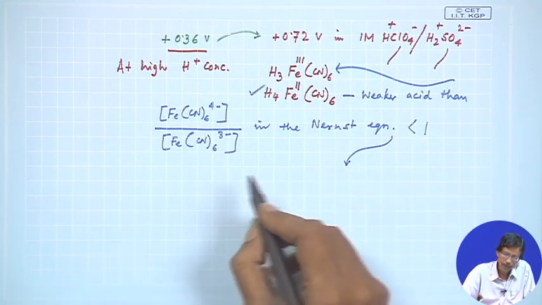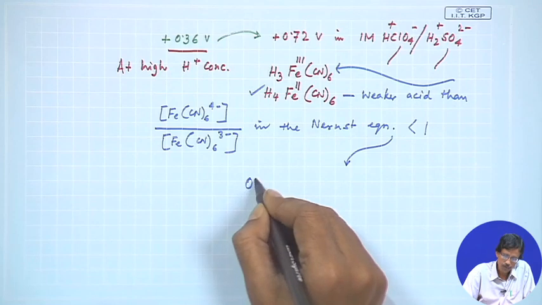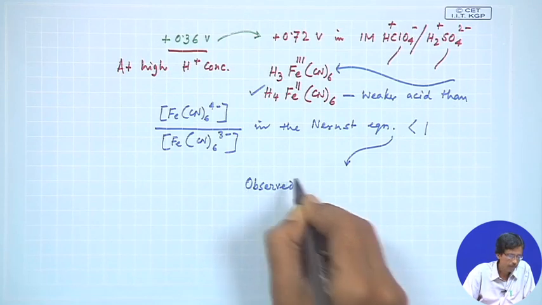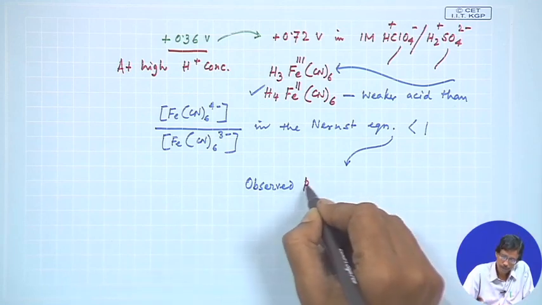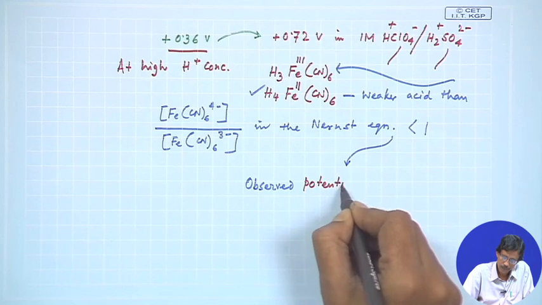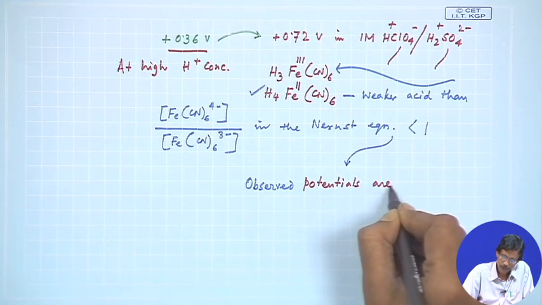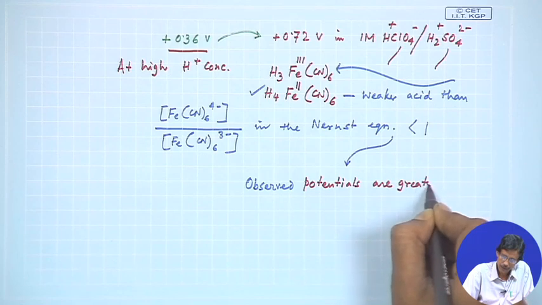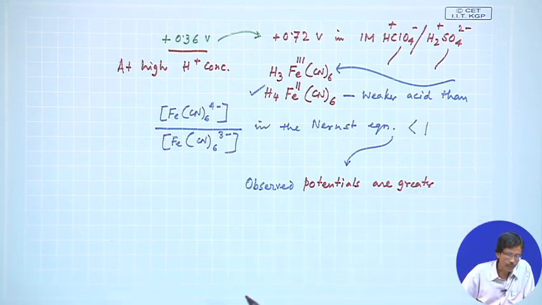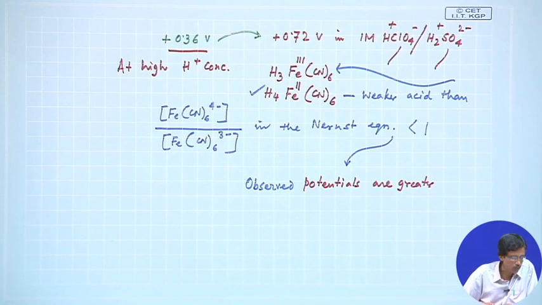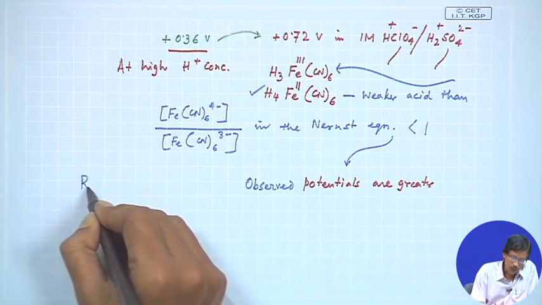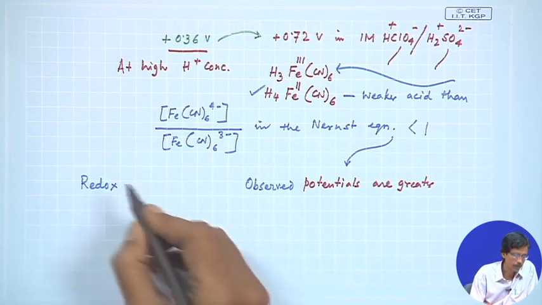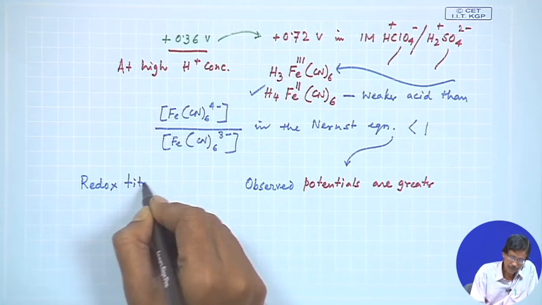Due to this manipulation in the acidic medium, the observed potentials are greater. So that way the formal potential values are useful, and we can use all these things to understand our ultimate results, which will be redox titrations.